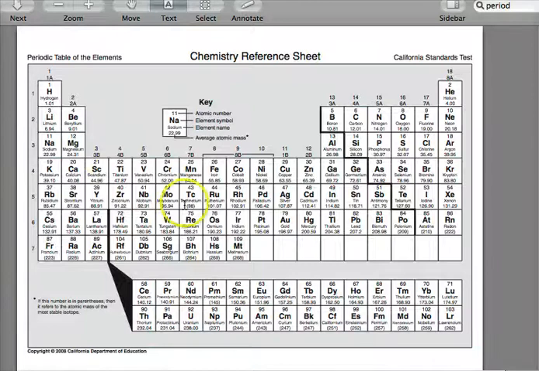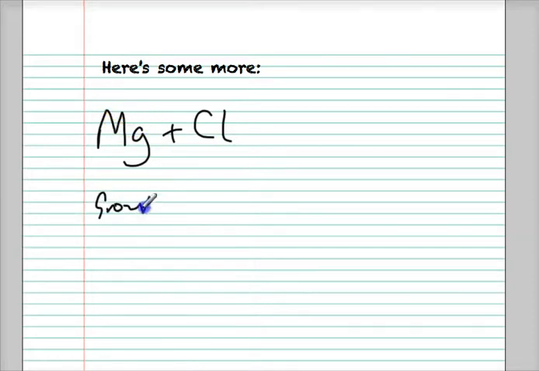So let's look at some more. How about magnesium and chlorine? Magnesium, Mg, and chlorine, Cl. Now, magnesium is in group 2, chlorine is in group 7, so magnesium has 2 electrons to give, and chlorine only needs 1.